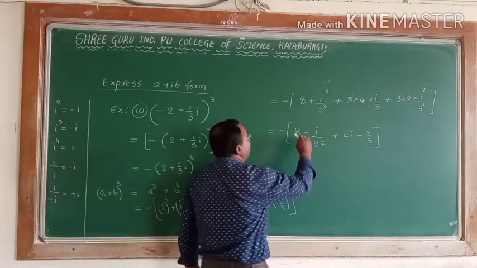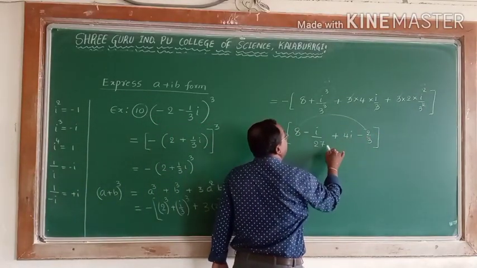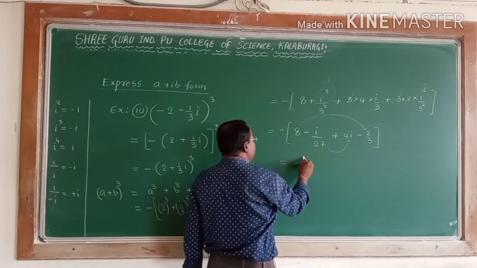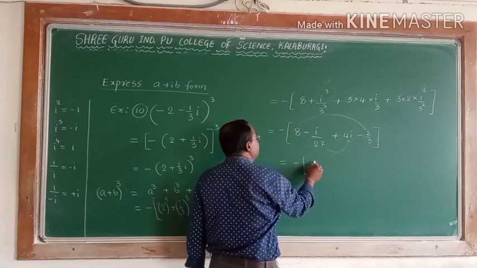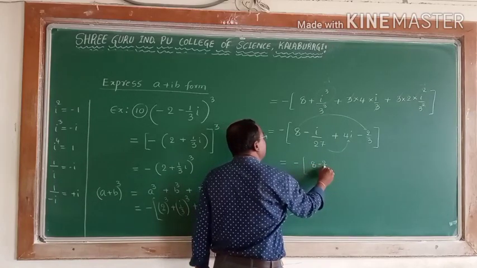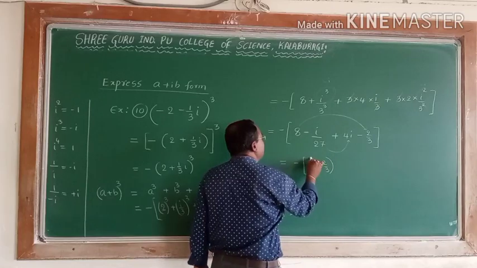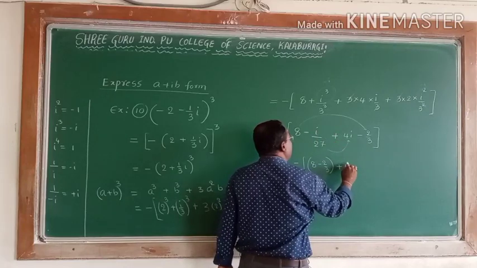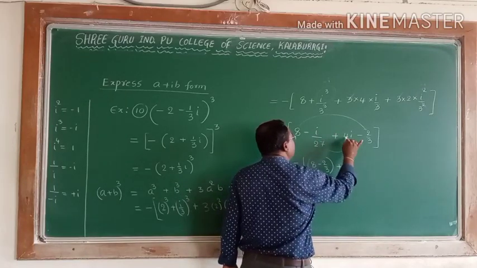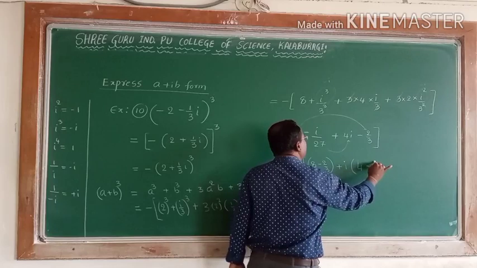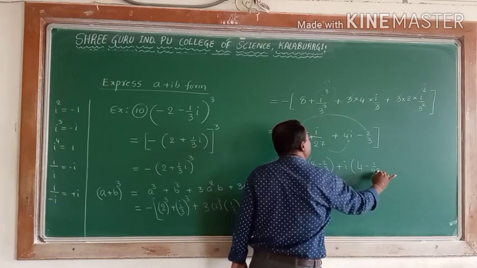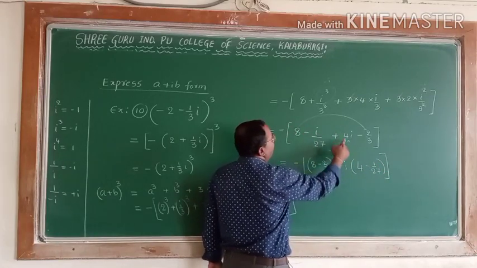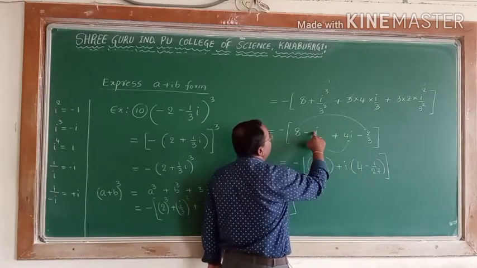Next, separate real and imaginary. That is minus, as it is, 8 minus 2 by 3, plus i taking common, first write positive, second write negative: 4, and minus 1 by 27.